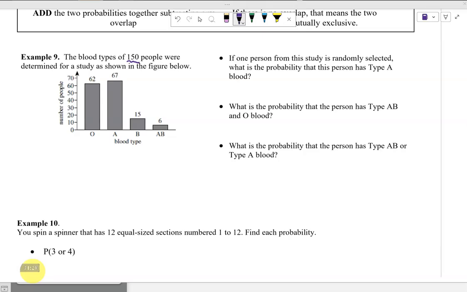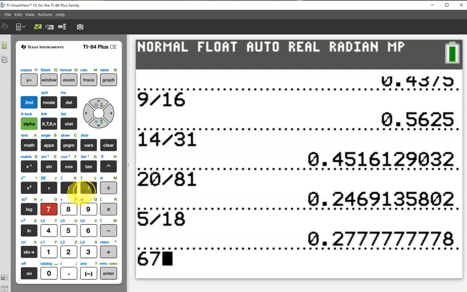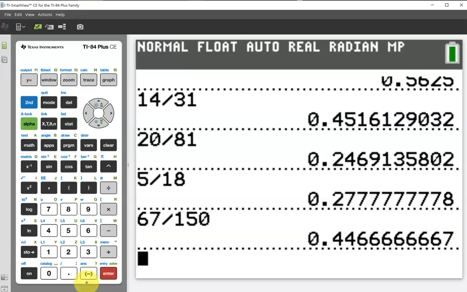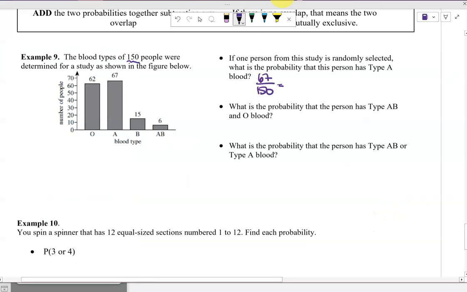So we have to come over here and figure out how many have type A. 67 have type A out of the total people in the survey, 150. So 67 divided by 150 is 0.4467, or 44.67%.